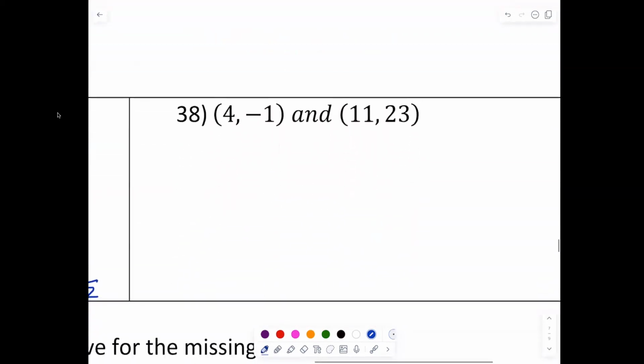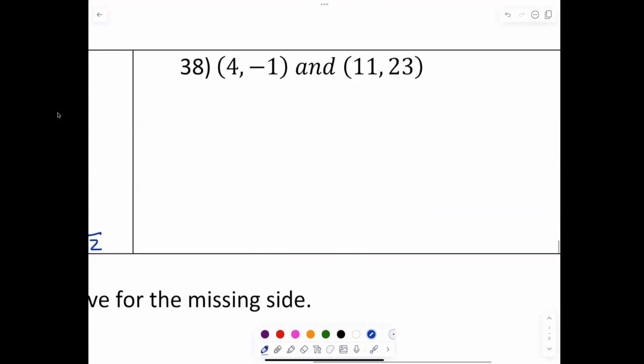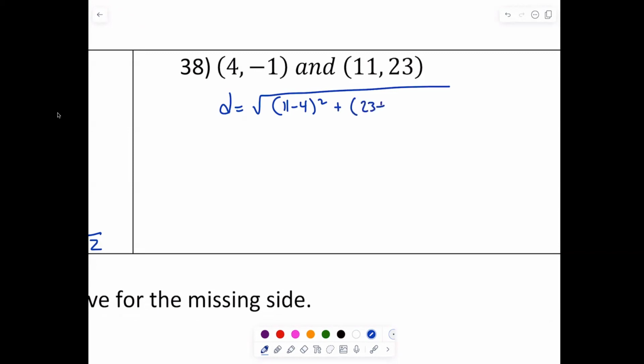38. Here we go. D equals the square root of 11 minus 4 squared plus 23 plus 1 squared.